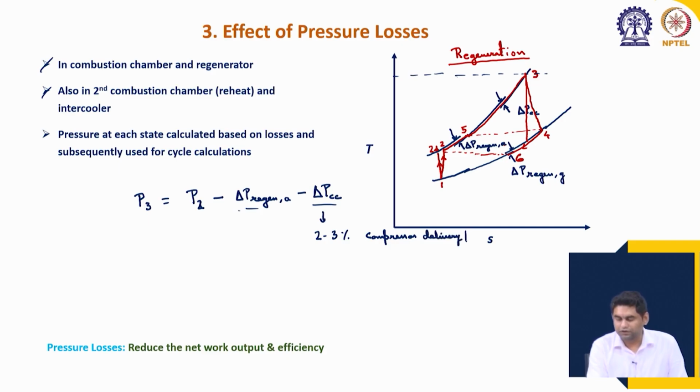This is for industrial gas turbines, whereas for jet engines the pressure losses are higher. They can be significantly high, going up to 6 to 8% of the compressor delivery pressure.